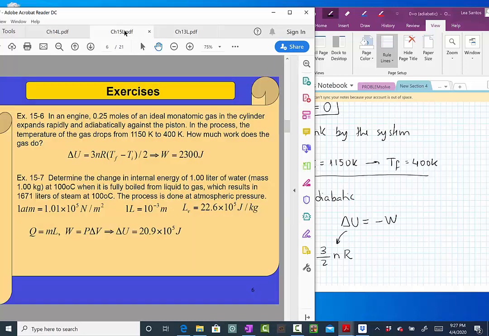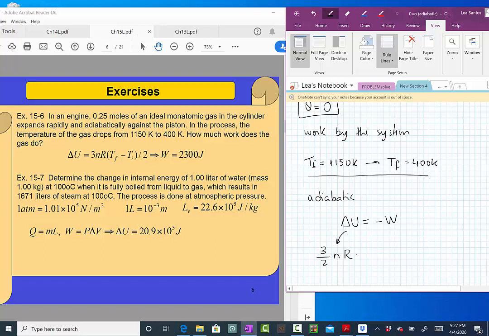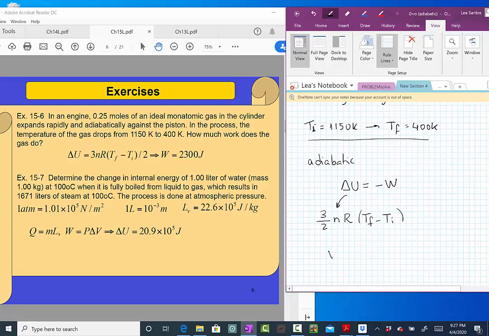Here we put the change in temperature, the final minus the initial. You'll see we are going to get a negative value, and so we'll know the amount of work that is done by the system: 2,300 joules.